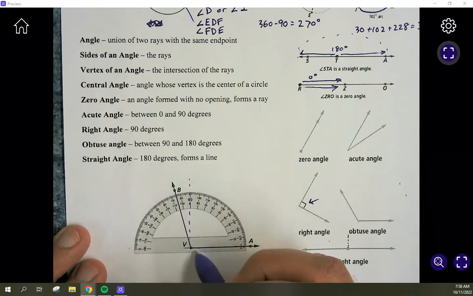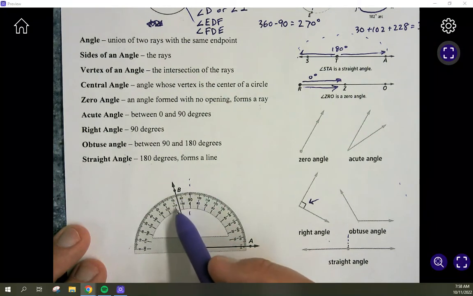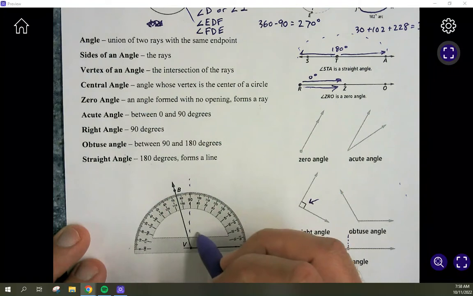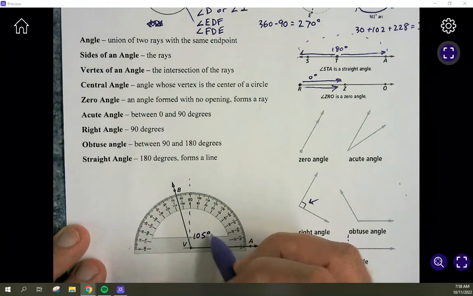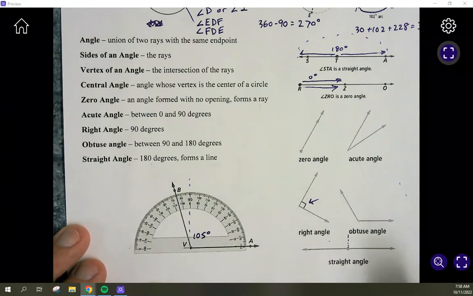So it'd be hitting at the same spot, but it's facing the other direction. So I have to be smart enough to realize this is an obtuse angle. It's more than 90. So this one specifically would be 105 degrees. It's directly between the 100 and the 110, not the 70 and the 80.